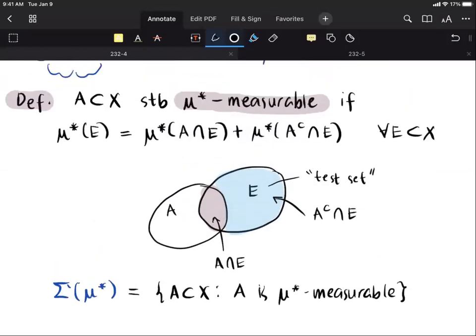Sometimes this is called mu star measurable in the sense of Caratheodory, but for simplicity, we shall say measurability or mu star measurability.